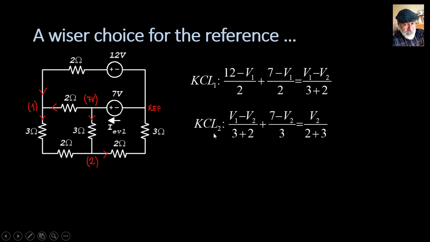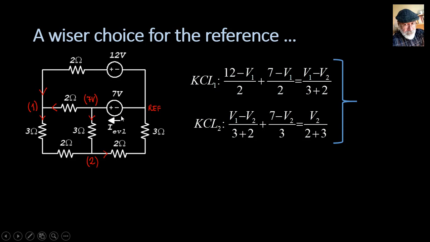And KCL for node 2, currents arriving in node 2, those are 2 currents: (V1 minus V2) over 5, that is the first one, and then the one in the middle branch, (7 minus V2) over 3, and the current leaving the node is only V2 divided by 5. 2 equations, 2 unknowns, we solve for them and we find V1 and V2.